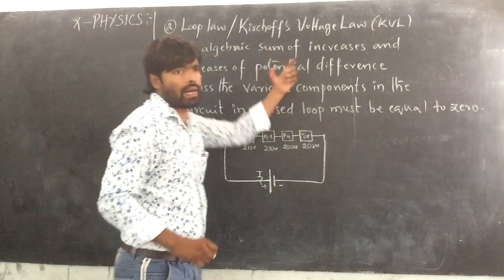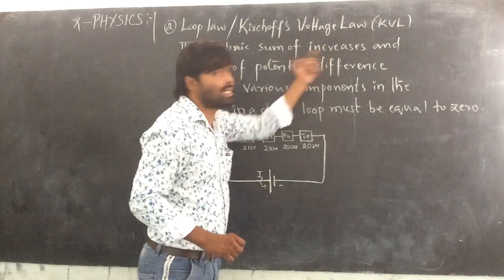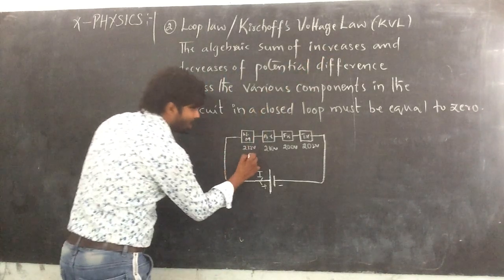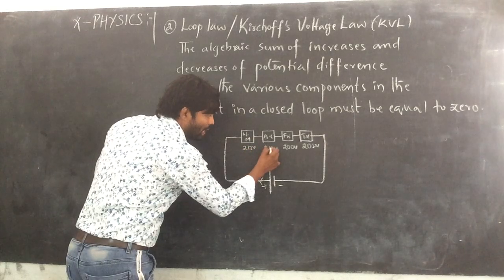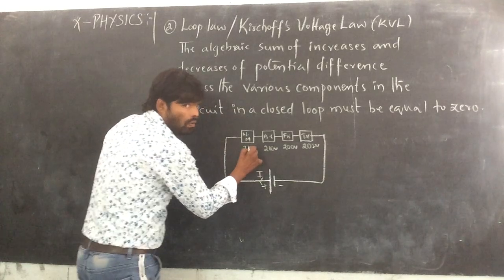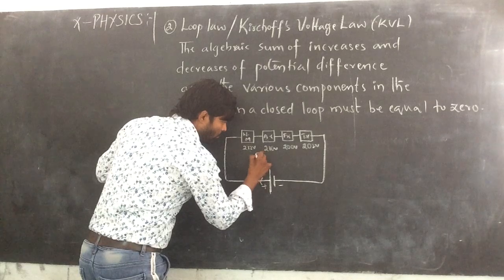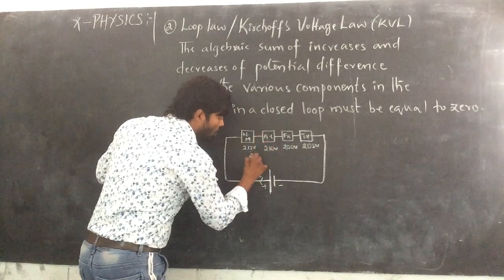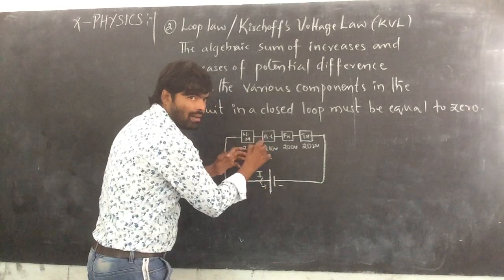The algebraic sum of increases and decreases. So how much is it increasing when I compare with this? It is increasing 2 volts, so this is plus 2 volts. Here it is 2 volts more, and here minus 2 volts, less.